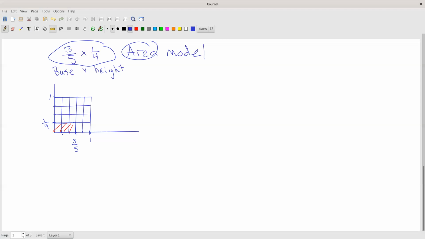Okay, now when I look at this grid, I'm just going to make a note that one whole has 5 by 4 pieces in it. So there's 20 pieces in a whole. My area has 1, 2, 3 of those pieces.